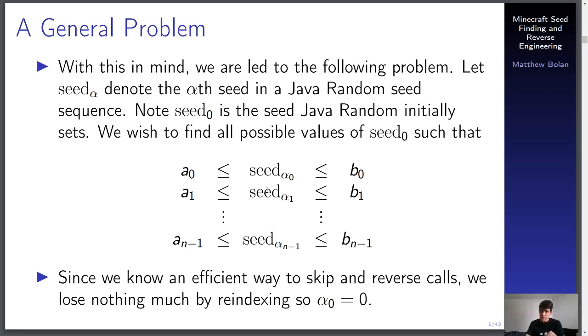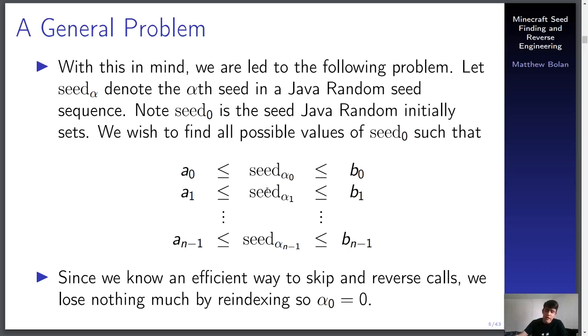And so to solve our general problem of finding a bunch of features that all went right, we need to find all possible values we can set that initial seed 0, such that some a sub 0 is less than or equal to the seed at index alpha sub 0 is less than or equal to b sub 0, where a sub 0 and b sub 0 are whatever bounds we have for that feature to be present. And we go on like that with n inequalities for the n features that we want to occur.